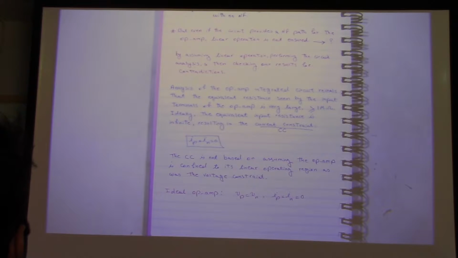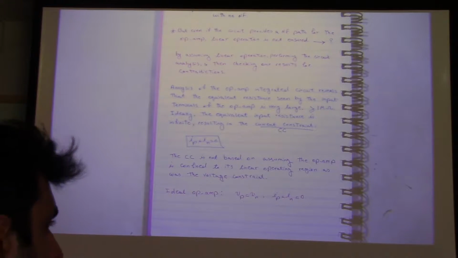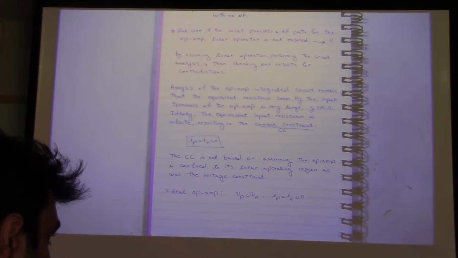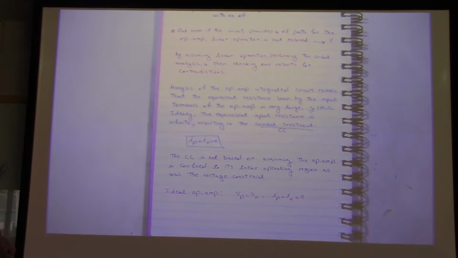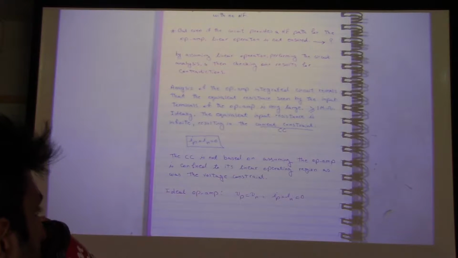And if you see the IC, it is designed so that the impedance at the input is very high. For example, here it says it's greater than 1 megaohm. So when we have high impedance, it means what? If you increase the impedance, what would happen to the circuit?